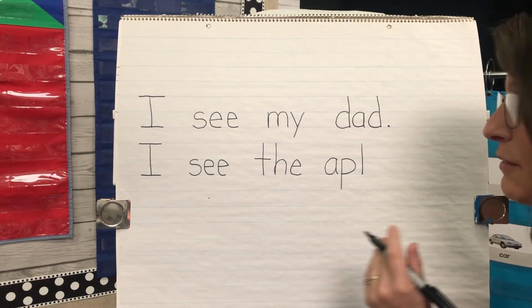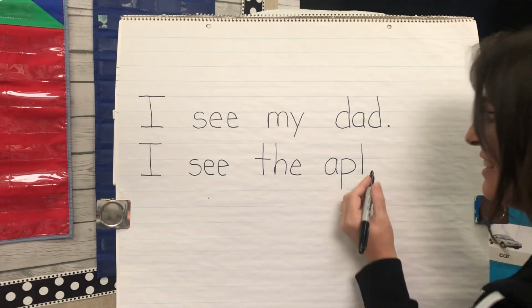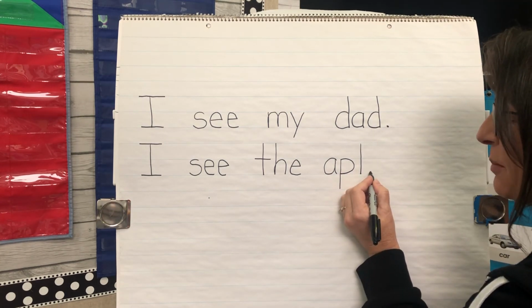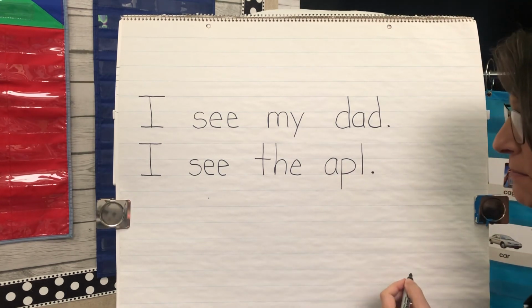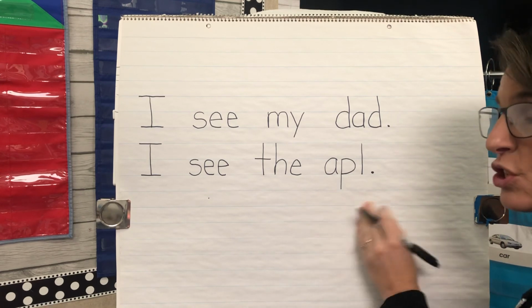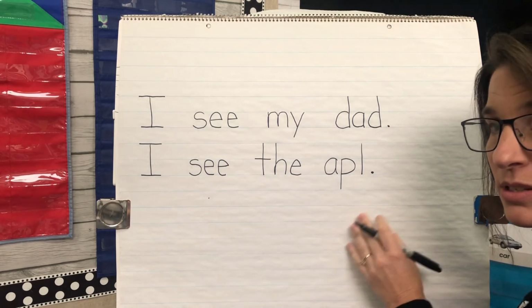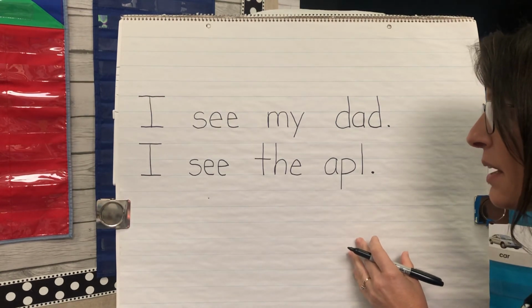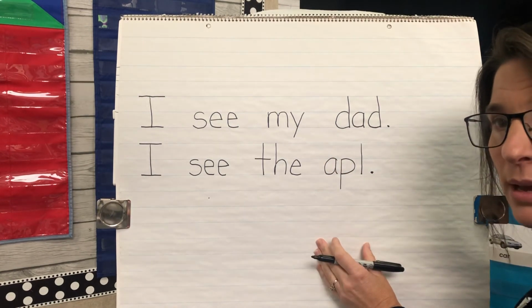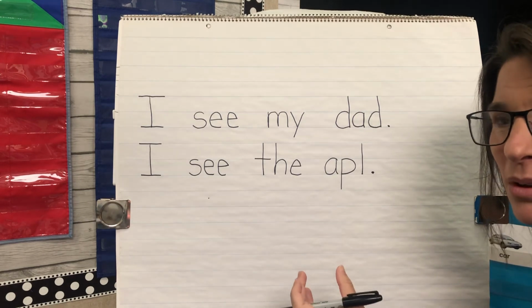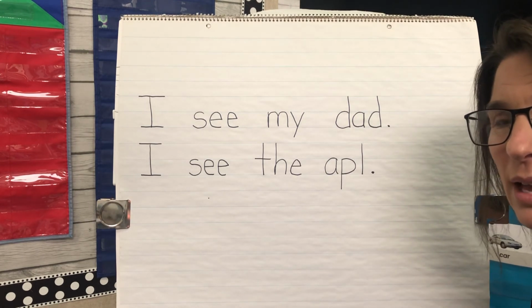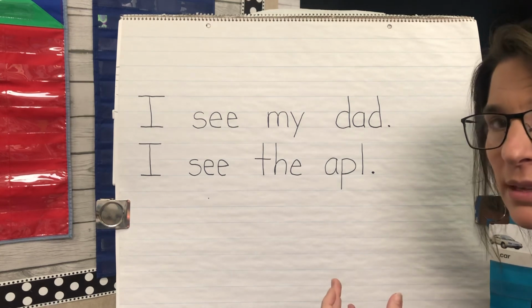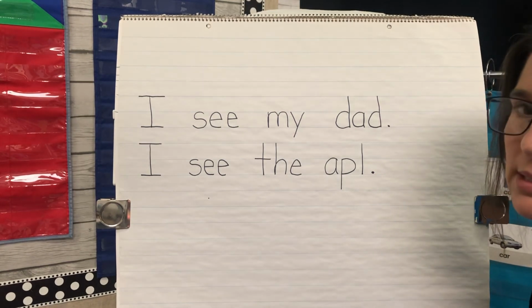Okay? Now if it really bothers you, and it doesn't bother the kids normally, but sometimes it bothers the parents, you can show them the right way to spell apple, like what it would really look like. But I wouldn't force them to write it that way because it's just going to make them want to spell everything correctly and then they're never going to want to sound things out, and they do need to have that skill.